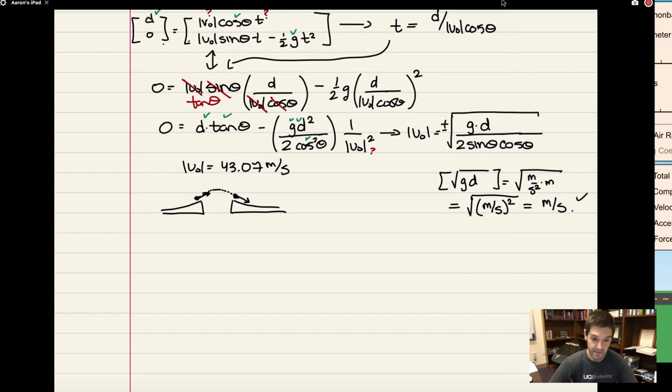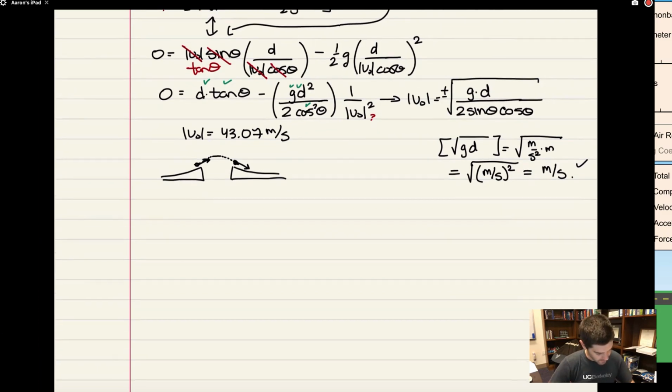And actually you can calculate, and you would find that the speed right when they land is negative 43.07 meters per second. So you might say that's interesting and seems kind of symmetrical. And you're exactly right. So now let's jump back to question 5.